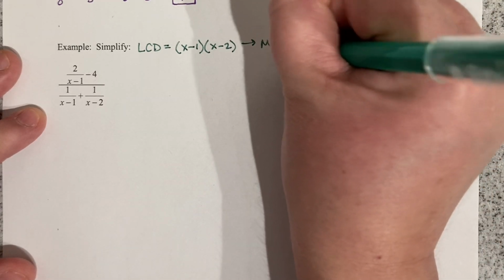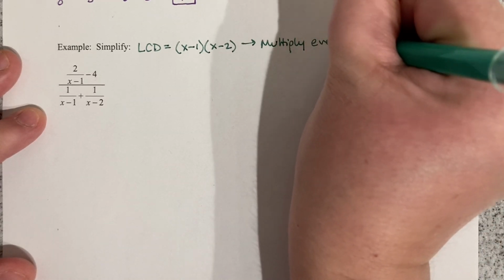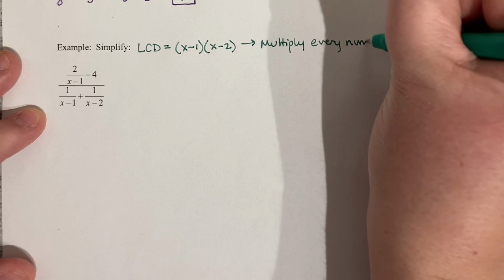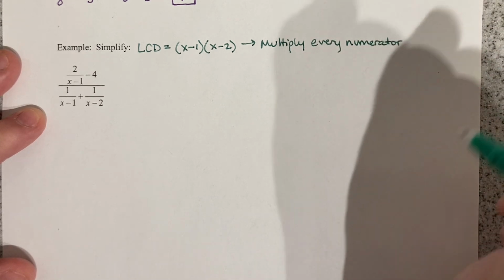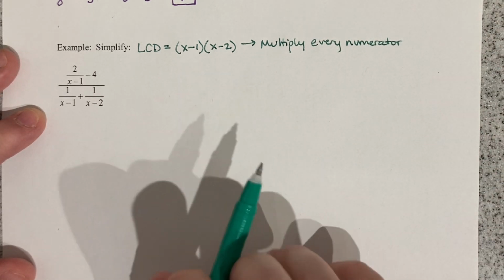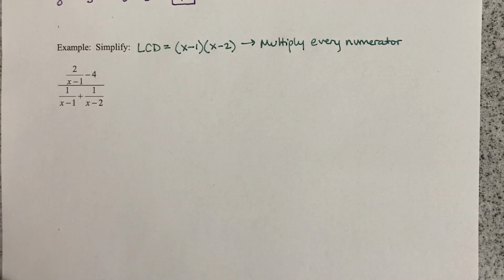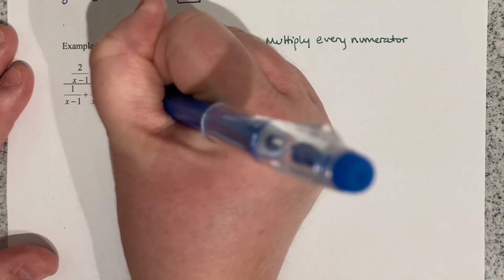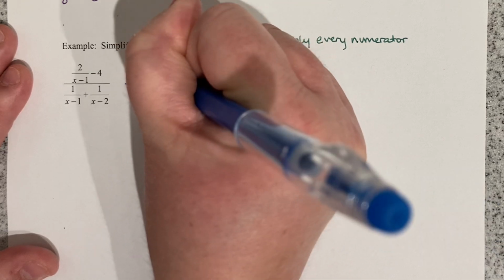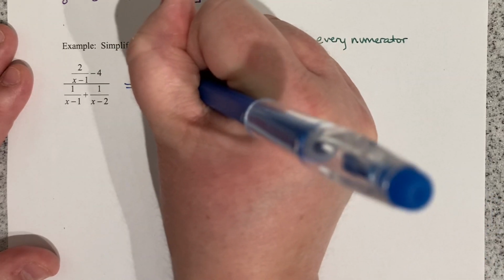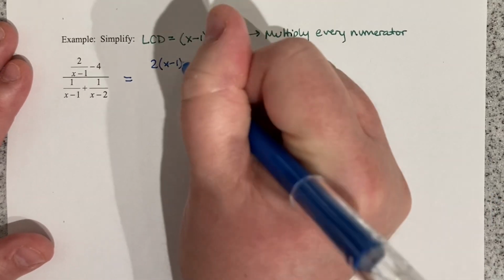So we're going to multiply every numerator by this common denominator. So let's see what that looks like. Use a different pen. So the first numerator is 2, and I'm going to multiply by x minus 1 times x minus 2.